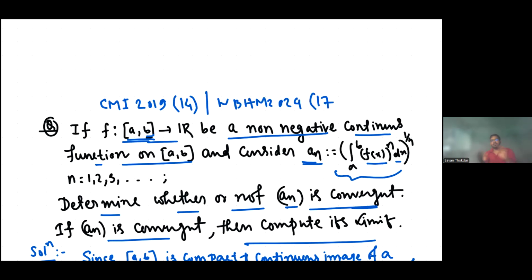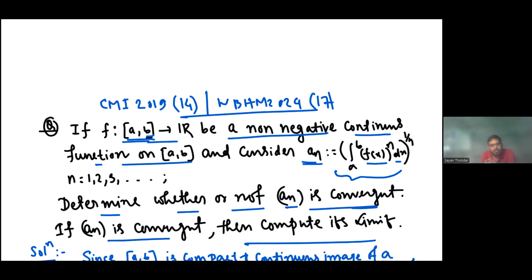In the CMI exam, the interval is the closed interval 0 to 1, and in the construction of the sequence, it is the integral from a to b of modulus of f of x. If f of x is any continuous function, and you take g of x as modulus of f, then it will work.